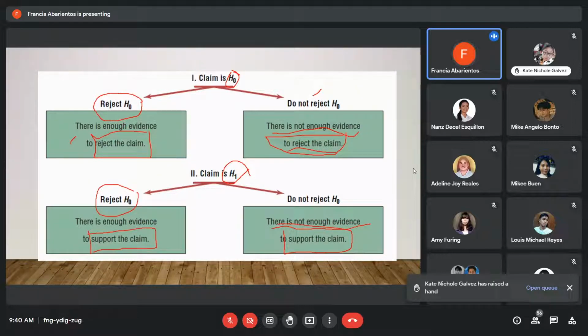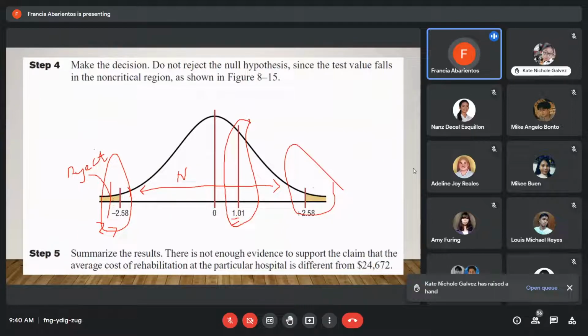Okay. So, since yung sa example natin dito, nagpo-fall siya sa do not reject. Okay. So, there is not enough evidence to support the claim. Ginamit niya dito yung claim natin na alternative hypothesis, yung H1 natin. There is not enough evidence to support the claim.